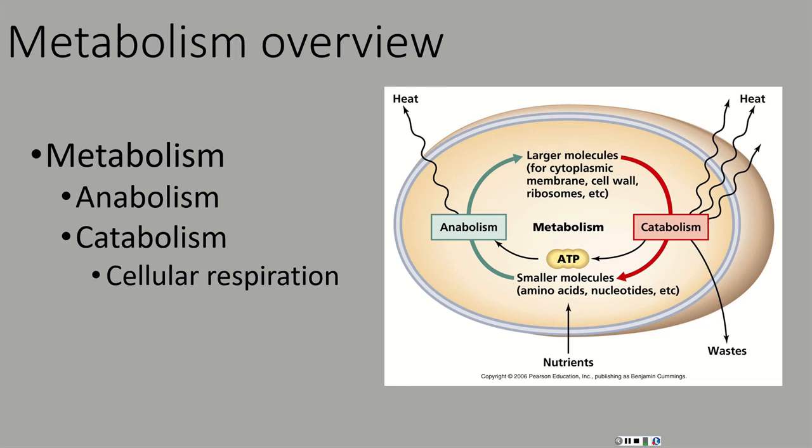Catabolism is breaking something that's big down into smaller parts. So we are breaking a lot of chemical bonds when we do that. And when we break chemical bonds, energy is released. So what we're doing is we're getting the energy out of a molecule to power various reactions that our cell needs.